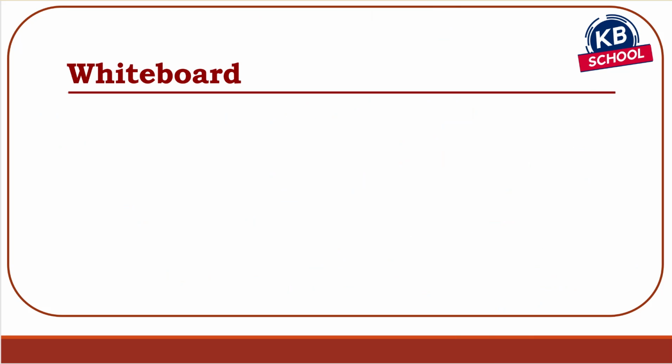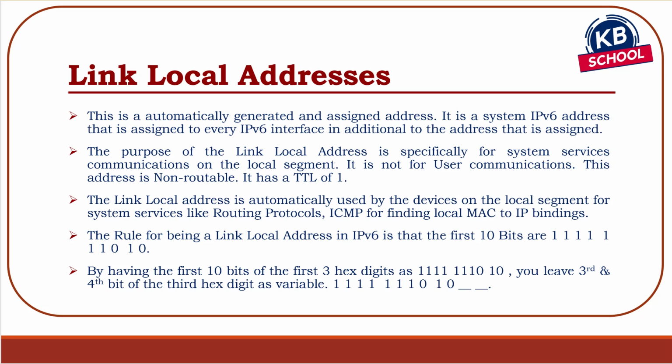So again, let's take a look at the slide, see if this is what we're getting. The link local address is automatically used. We've done that. The rule for being a link local address in IPv6 is the first 10 bits are 1111 1110, which is FE, and 10 in the third hex digit.